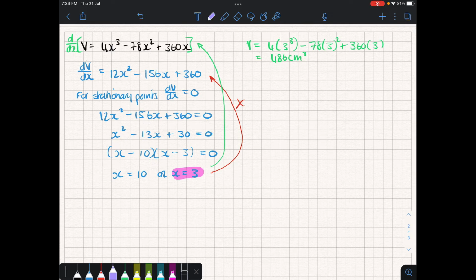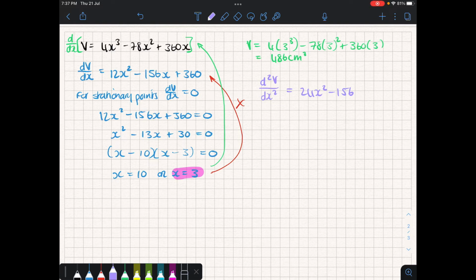So we're going to differentiate the derivative with respect to x, and we're going to get d squared v on dx squared. Okay, so I'll use the power rule again, and you're going to get 24x minus 156, not x squared, sorry.